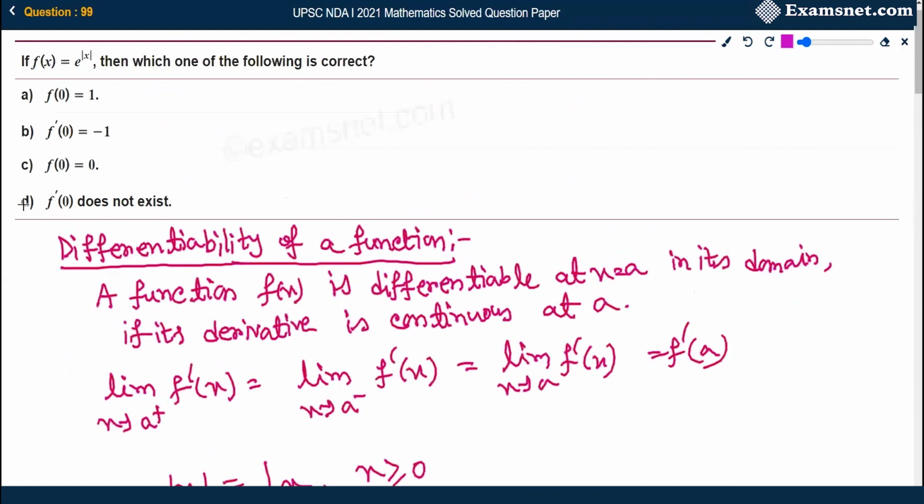So here option D is the correct answer. F dash 0, since we are checking at the point 0, f dash 0 doesn't exist.